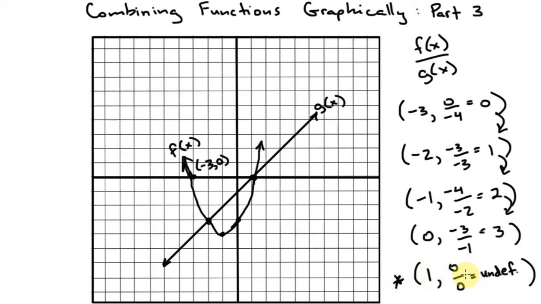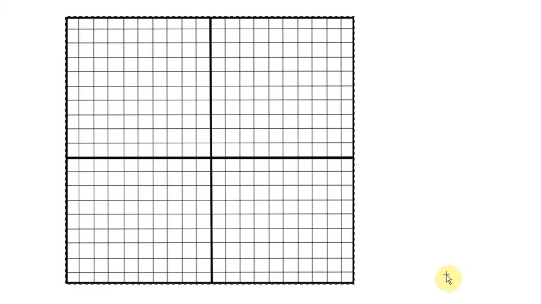So I'll clear this, and we're going to graph these points: -3, 0, -2, 1, -1, 2, 0, 3, and then at this location we have a hole in the graph.